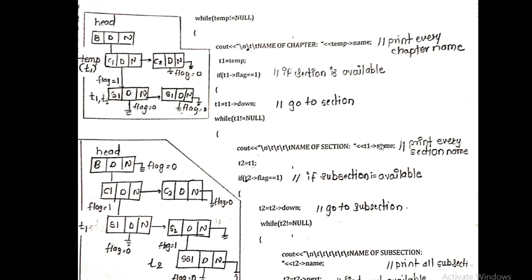So every time we are printing the name of section. But if that section also has a subsection, we need to check with the flag of that node. Initially, suppose T1 is S1, section 1. We'll print the name of section 1, and at the same time we'll check the flag of T1. T1 flag is 0, meaning no subsection is available for this section 1. Now traverse toward the next section.